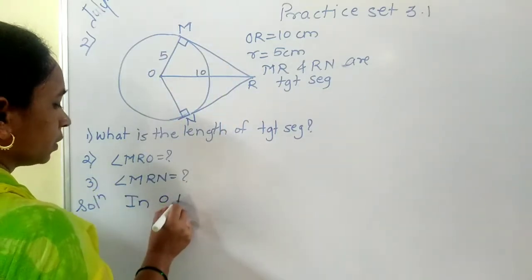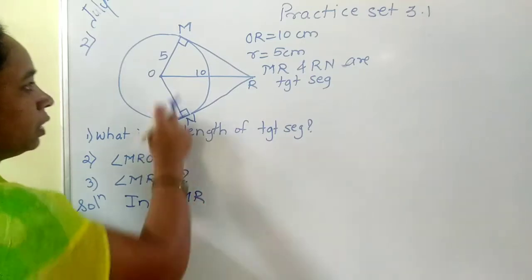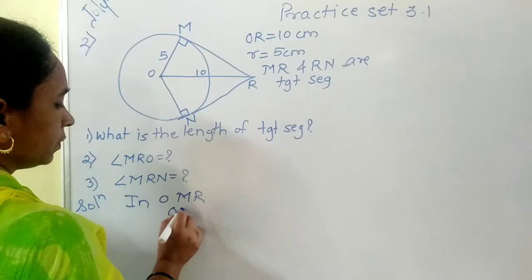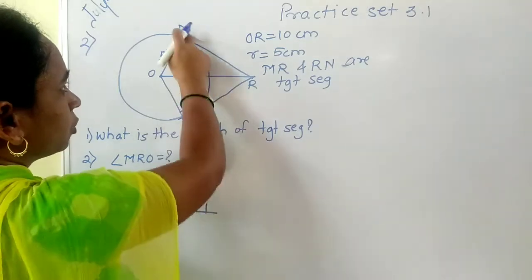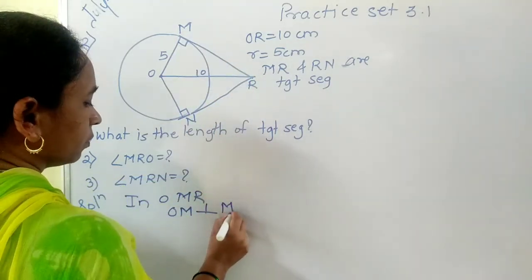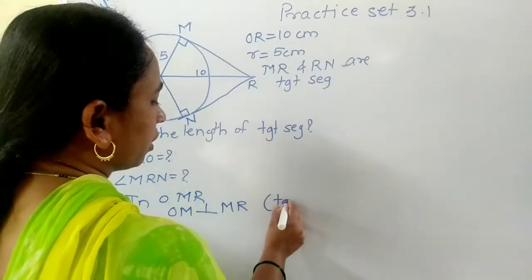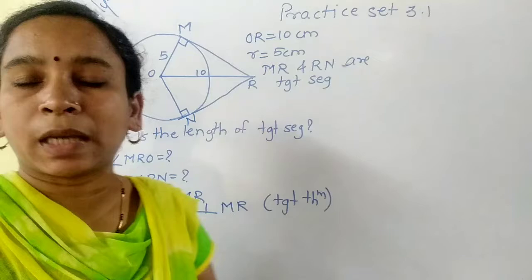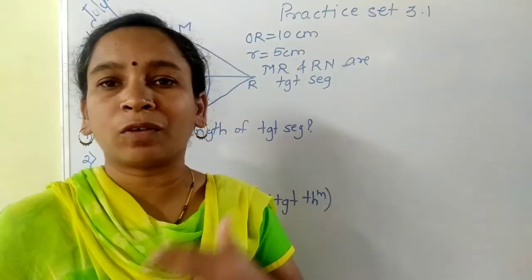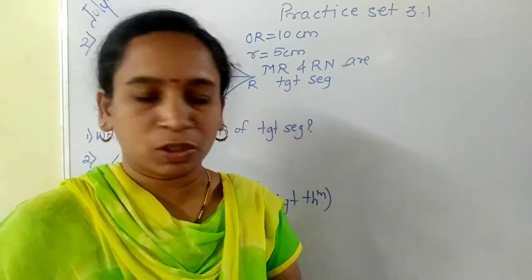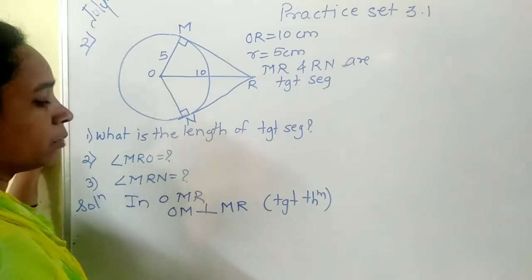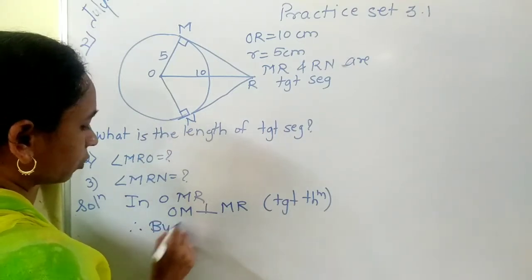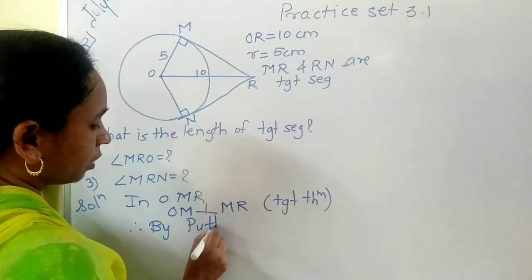In triangle OMR, OM is perpendicular to MR. It is by tangent theorem. What does the tangent theorem say? The tangent theorem says that the radius is always perpendicular to the tangent. Therefore, we can use the Pythagoras theorem.